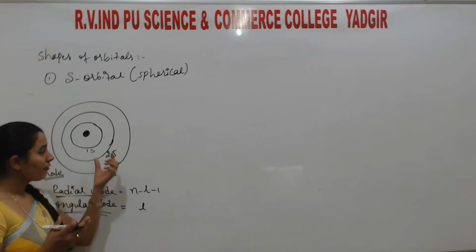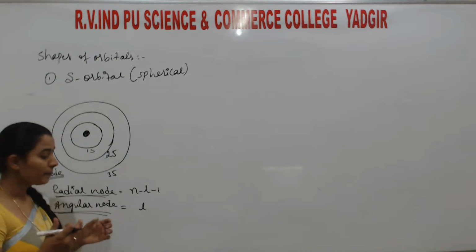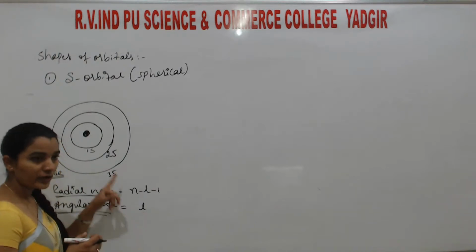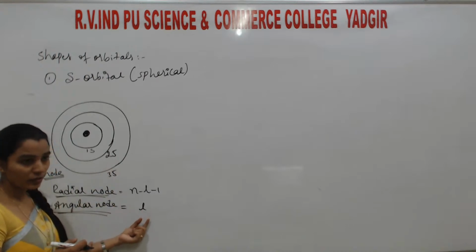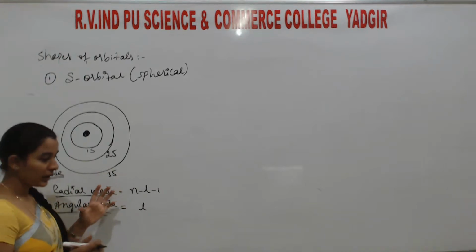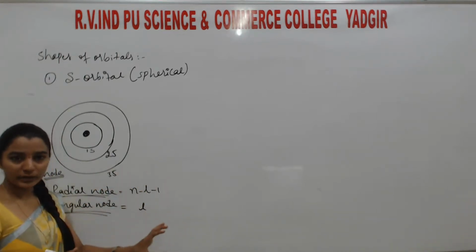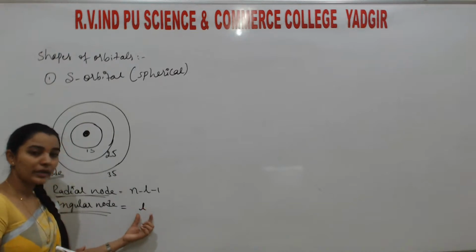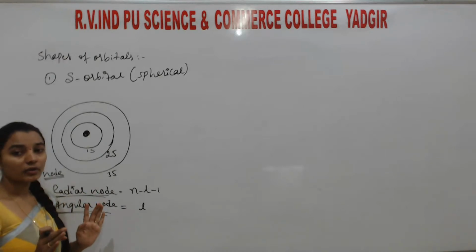I told you for s orbital there is no angular node. Why? Because the l value for s orbital is 0: s orbital 0, p orbital 1, d orbital 2, f orbital 3. So l is equal to 0 for s orbital, so there is no angular node.